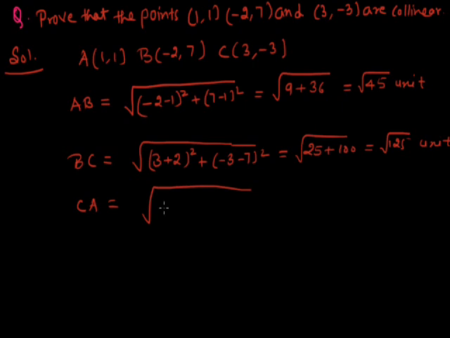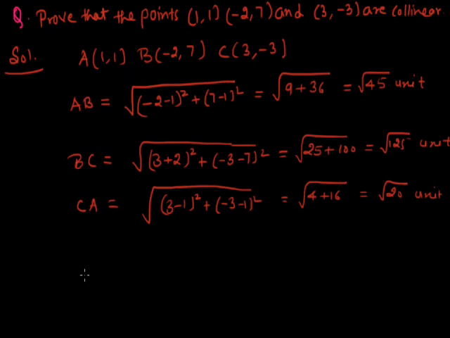AC is root of (3 minus 1) whole square plus (minus 3 minus 1) whole square. So this is equal to 4 plus 16, so root 20 units. Now here AB is equal to root 45 unit, BC is equal to root 125 unit, and CA is equal to root 20 unit.